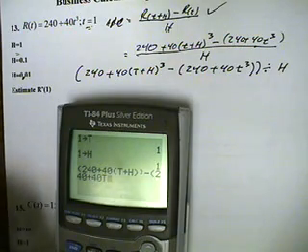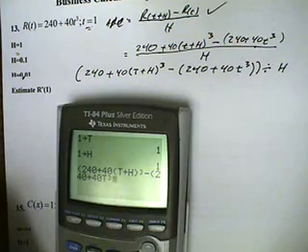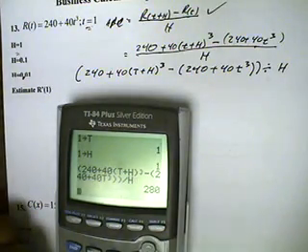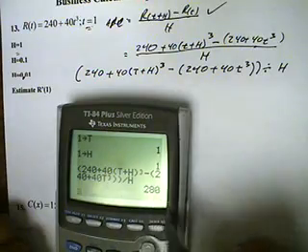I need to cube that, so I'll go to my math button, hit 3, then two parentheses here, and then division, and now alpha h. Then enter. Okay, 280. This is my first average rate of change with h is 1, so 280.